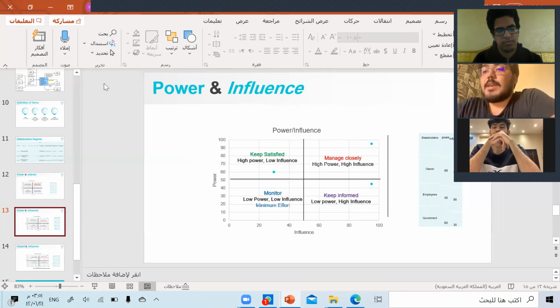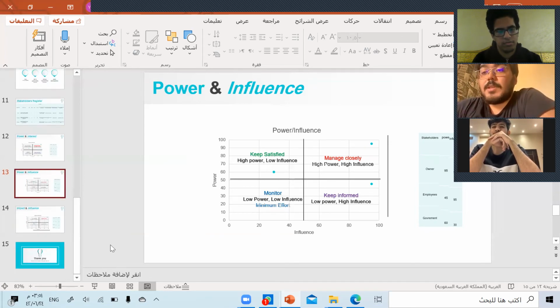The employees have 45% for the power and 95% for the influence, so they will be in keep informed. And lastly, the government has 60% for the power and 30% influence, so they will be in keep satisfied. Okay, next, please.